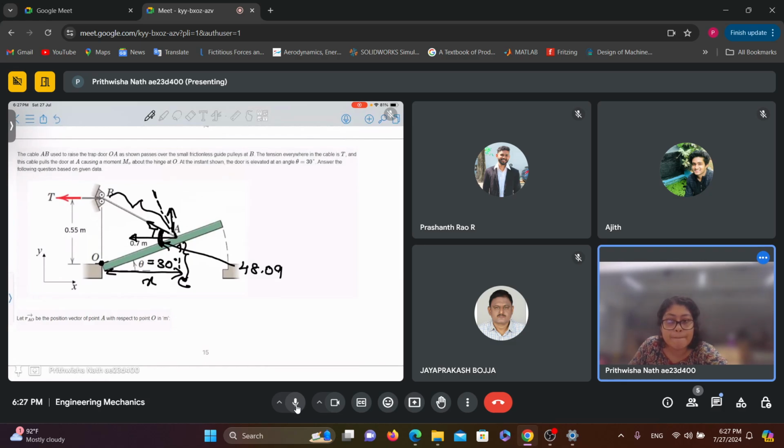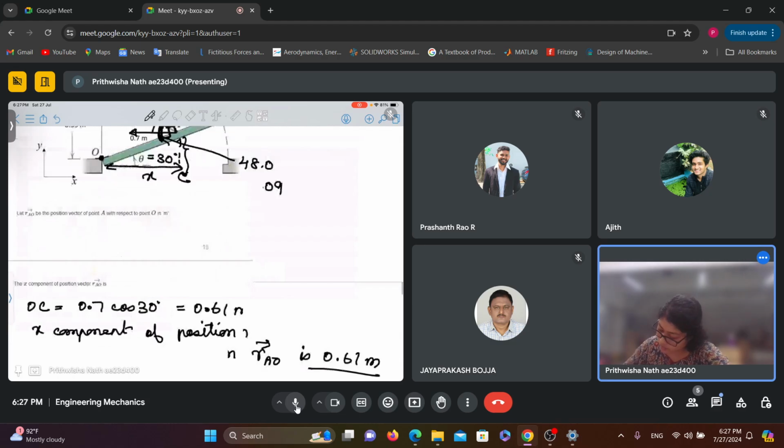Is this thing clear? This is perpendicular to the dot trap, right? If I resolve this, T into sine of 48.09 will give me the perpendicular component. And I already know OA is 0.7, that is the distance. So I can find the moment from there.